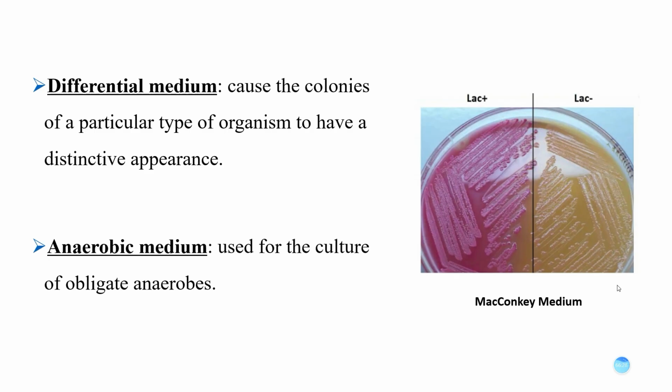Differential medium means that it causes the colonies of a particular type of organism to have a different appearance. This is again MacConkey medium. And if your bacteria can utilize lactose, that's the sugar already added to the medium, to produce acid, the pH will drop.